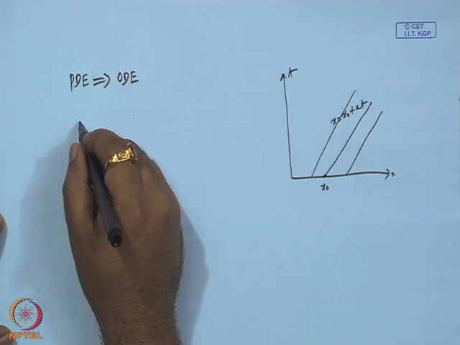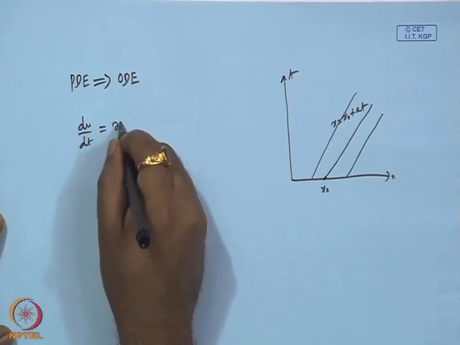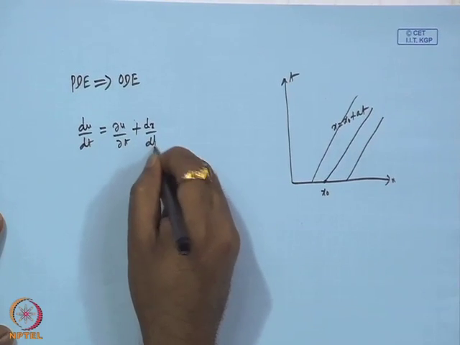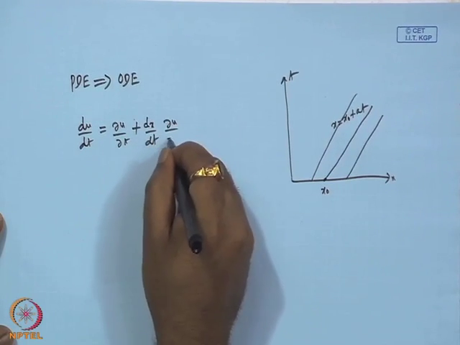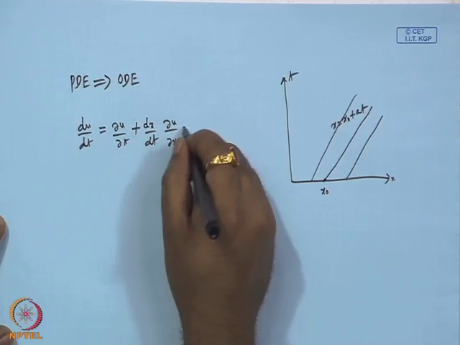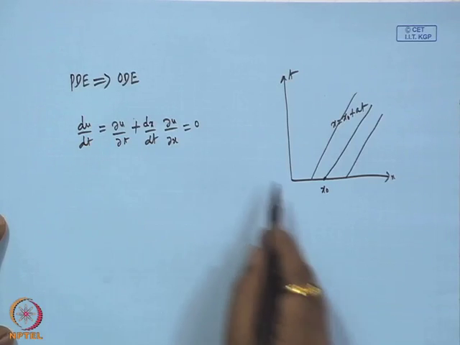And then one can obtain the equation along the characteristic curve. So, this is 0, right. And what is the ODE?